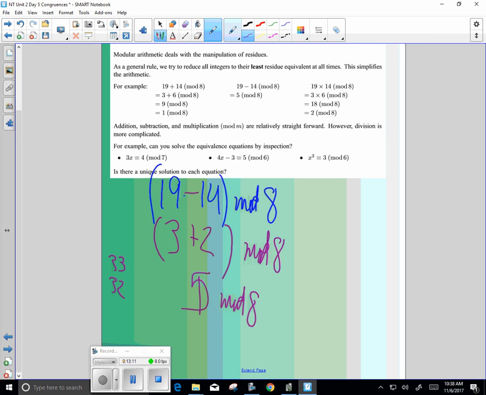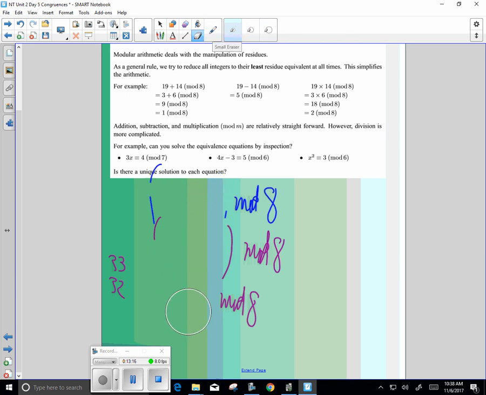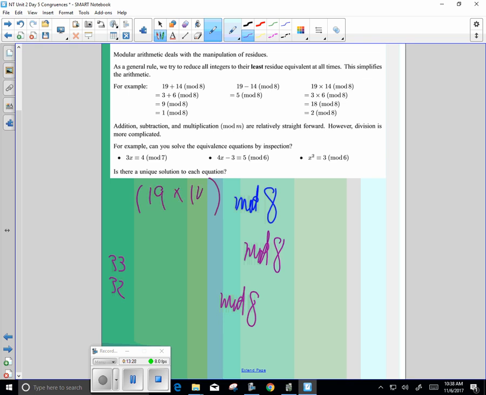That's pretty cool. Now the multiplication is the part that's probably the most useful, because subtracting and adding is not that big a deal. You do this in your head, be pretty easy. But you don't do 19 times 14 in your head. So when we change these to residuals mod 8, look at how nice this is. This is 3, and then this one was negative 2, right?